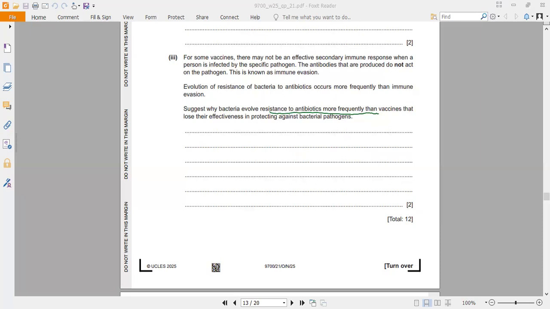So we are going to write this answer in this way.